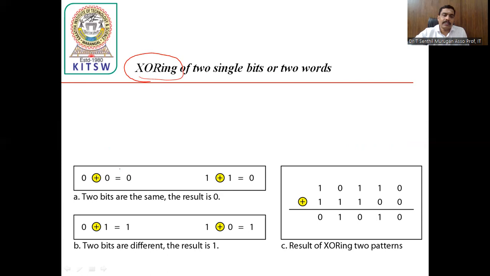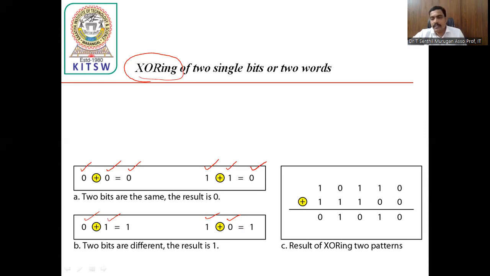How do we do XOR? If both the bits are the same, the result is 0. If the bits differ, the result is 1. So just remember this XOR operation: both values 0, the result is 0; both values different, the result is 1.